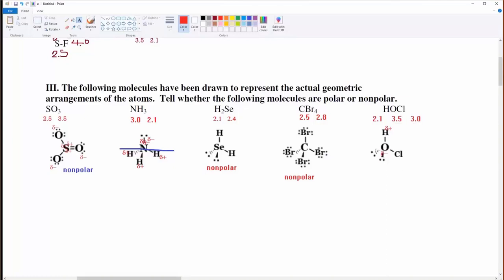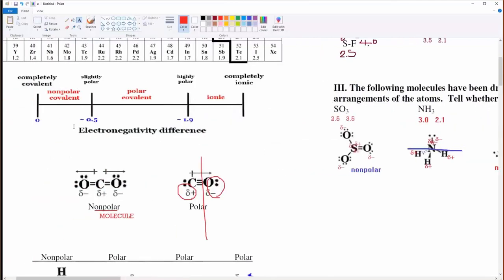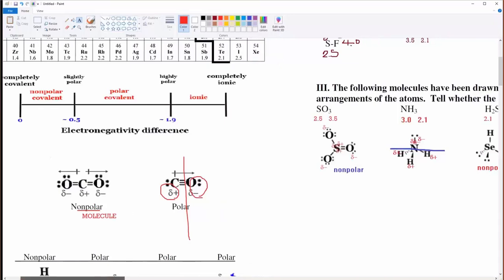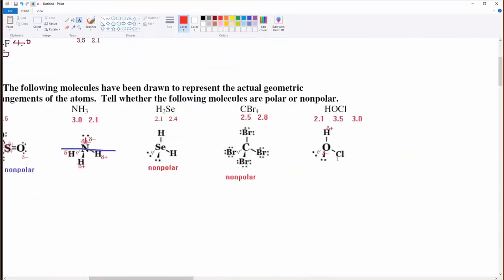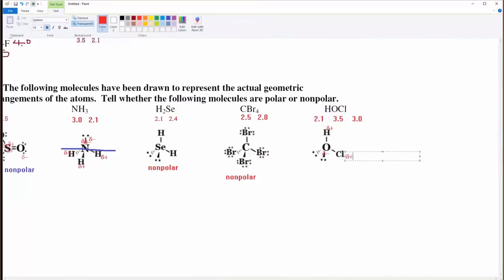Good. Sarah, I love it. Sarah says slightly. Perfect. That's a great way to remember that we're on a spectrum, right? If it's 0.5, I'll call it slightly polar. It's still polar a little bit, measurably, but not a ton.